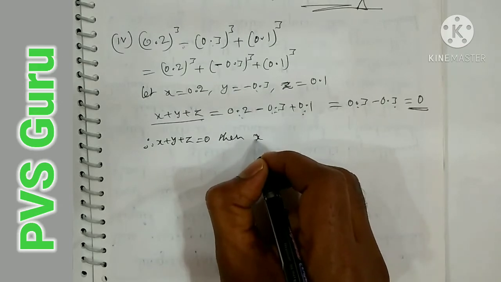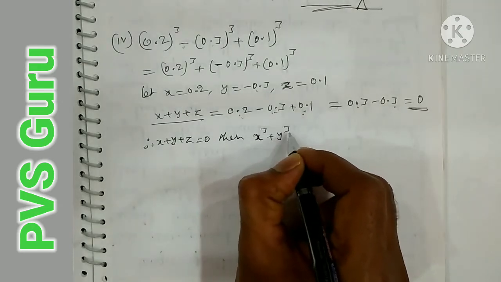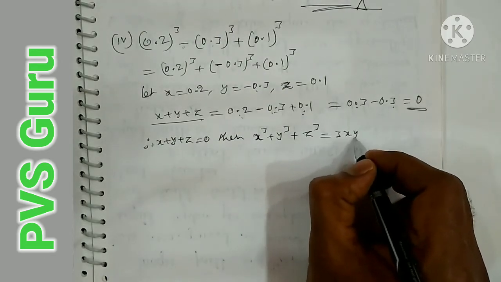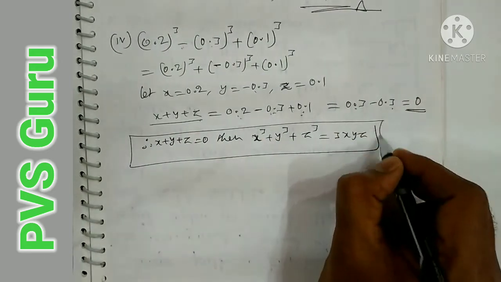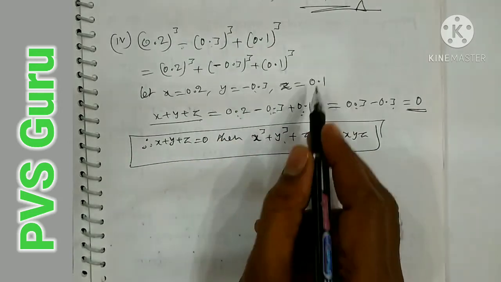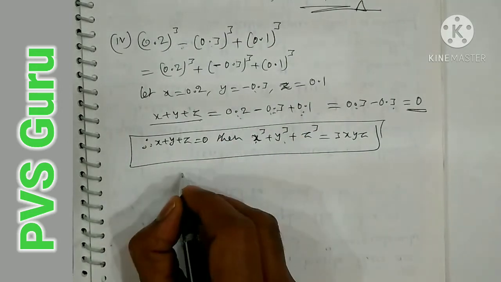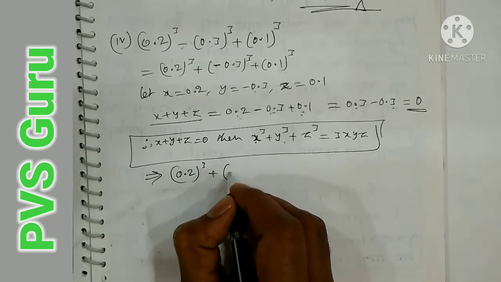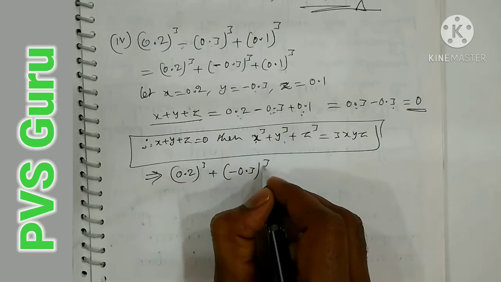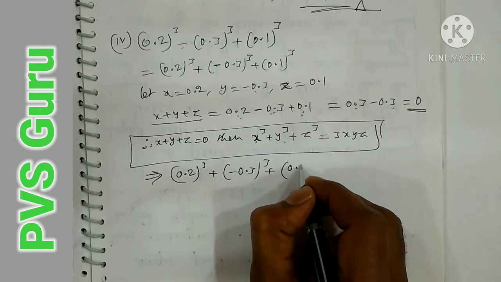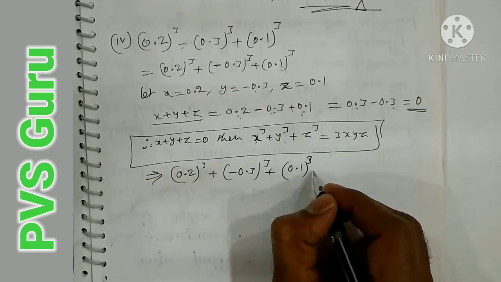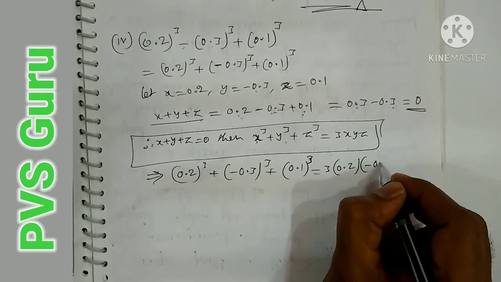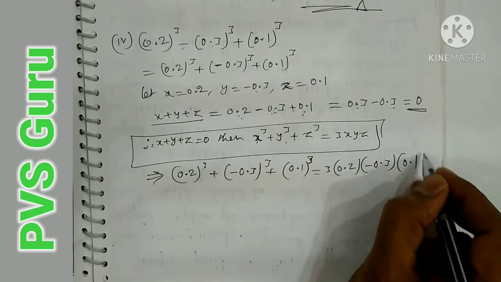Then x cube plus y cube plus z cube is equal to 3xyz. This is the formula. Then you substitute x value, y value, z value here. X value is 0.2 whole cube, y value is minus 0.3 whole cube, z value is 0.1 whole cube, is equal to 3 into 0.2 into minus 0.3 into 0.1.